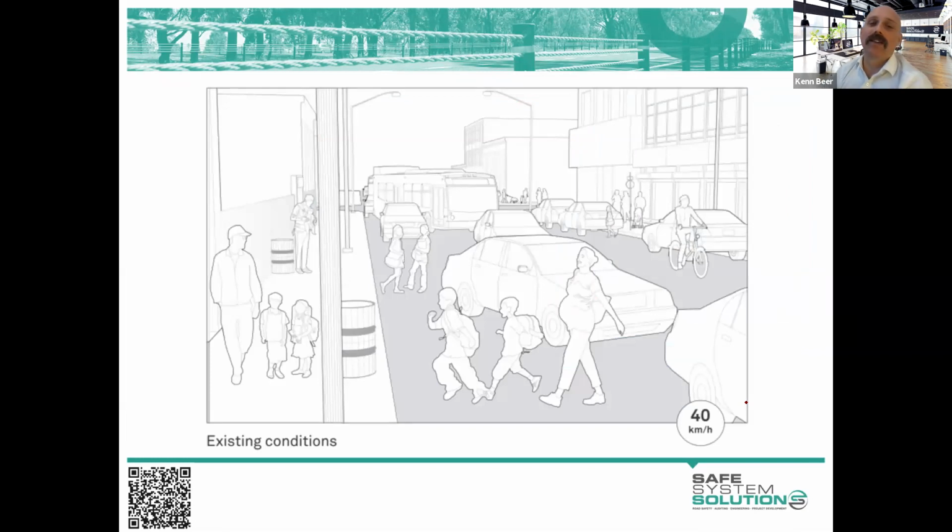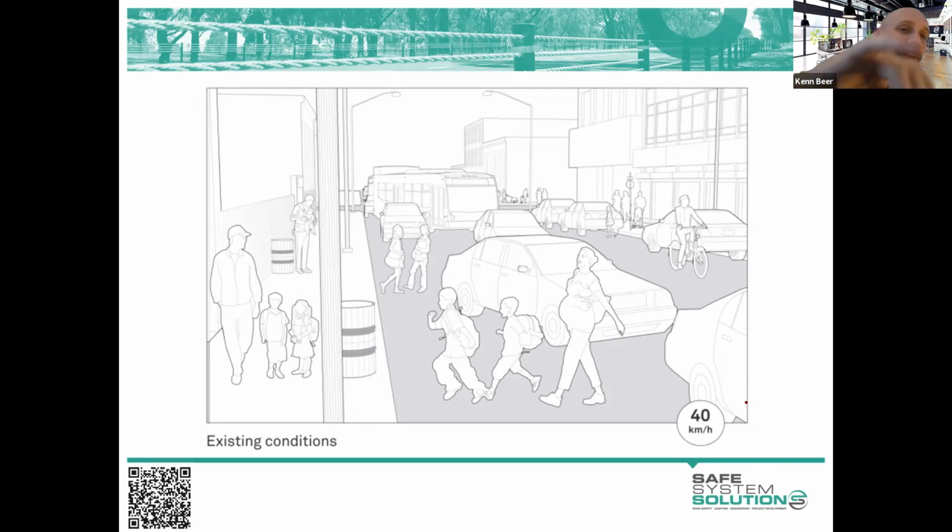So let's do a little exercise, actually. What we're going to do here is we've got this very artistic impression, a hypothetical example. The current conditions are a 40-kilometer per hour speed limit, which is quite nice that it's in there.